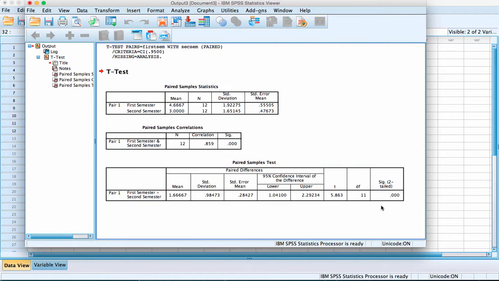And so we can see that this mean decrease from the first to second semester of almost 2 days was significant. So the superintendent's intervention of using the alternative school did, at least for these 12 students, decrease absentee rates significantly.